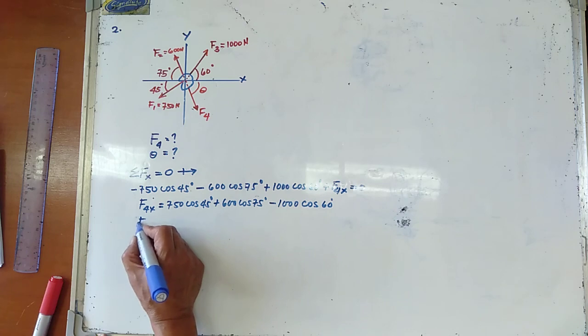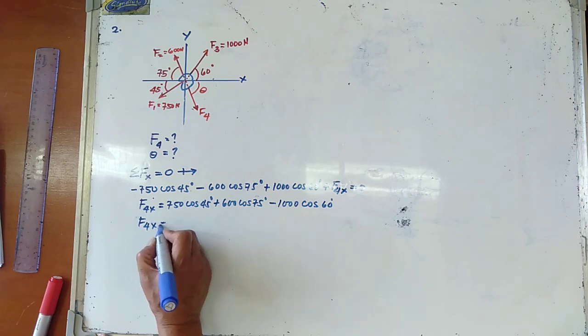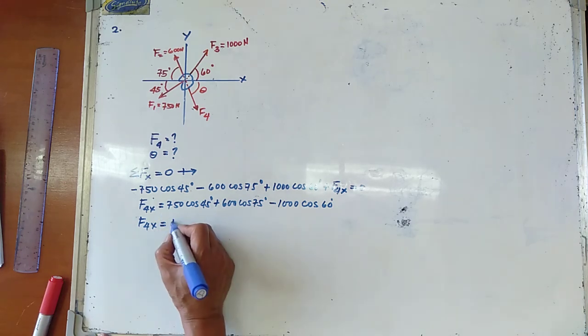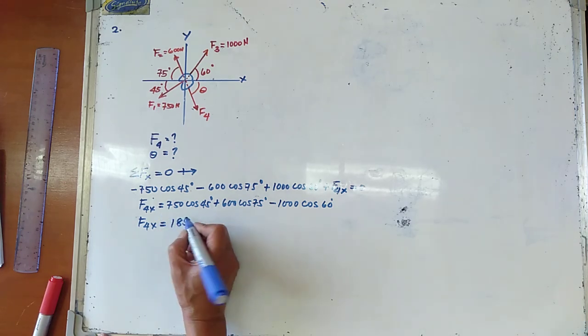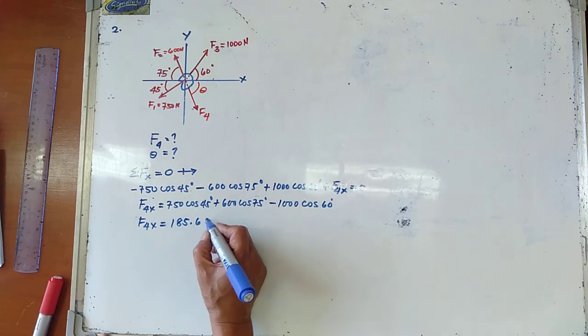So we now have your F4x is now equal to 185.621 newtons.